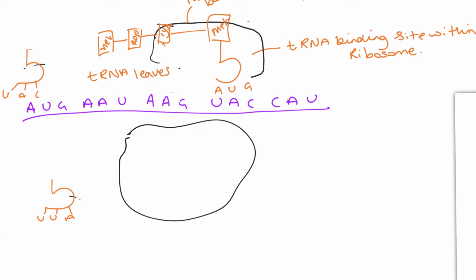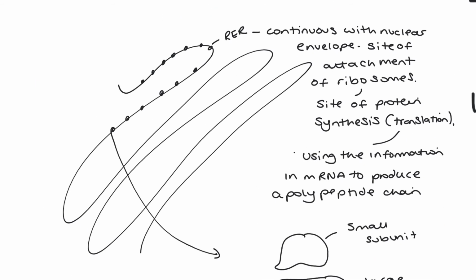And this process continues, and coming off the ribosome, we are forming a big long chain of amino acids all joined together by peptide bonds. Now, the mRNA strand is moving through the ribosome.